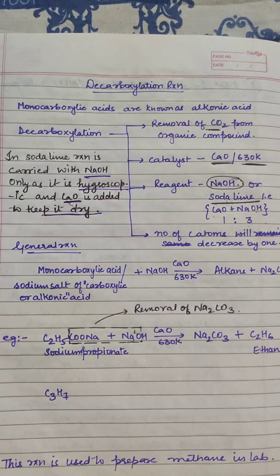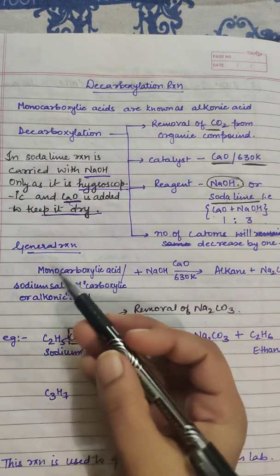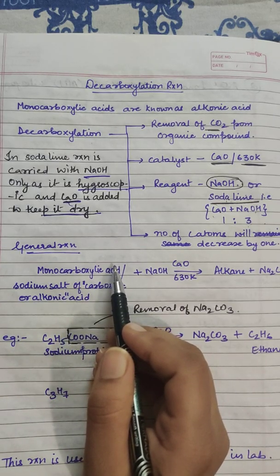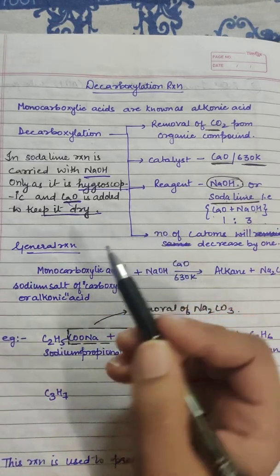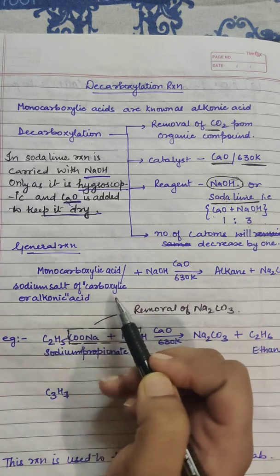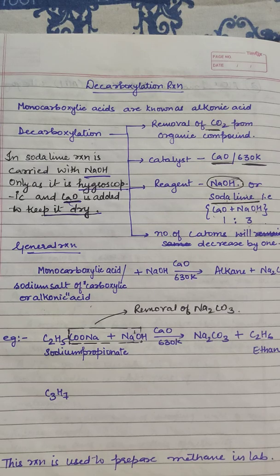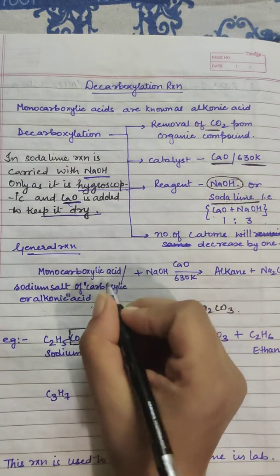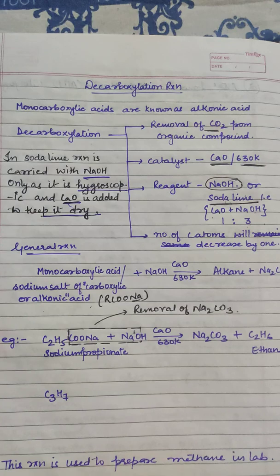So let's jump on to the general reaction. We are going to start with monocarboxylic acid or alkanoic acid, anything you can say. It is also known as the sodium salt of carboxylic or alkanoic acid, like you must have seen RCOONa. This is the sodium salt of carboxylic acid, where hydrogen is replaced by Na.